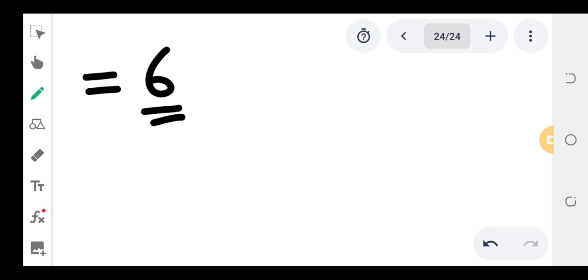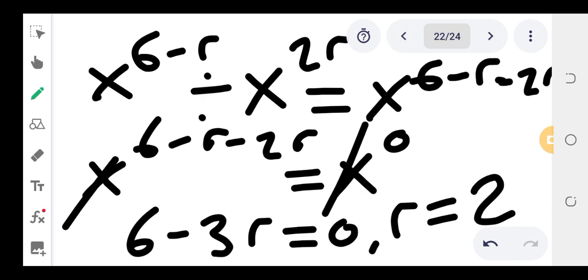So I'll put my answer: the term independent of x. When my value of r is 2, it means it is the third term. So where r is 2 is the third term.